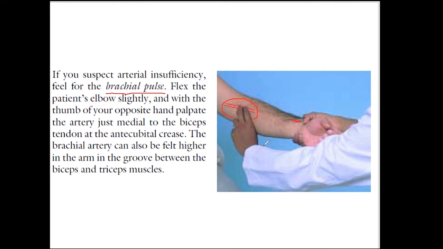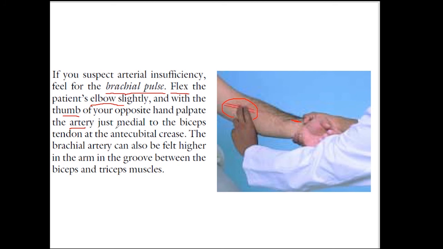We put the blood pressure cuff in that area, then we feel the pulse, then we put the stethoscope in there and we hear the sounds coming from it. We flex the patient's elbow slightly and put the finger there, and with pressure, we can feel the pulse.